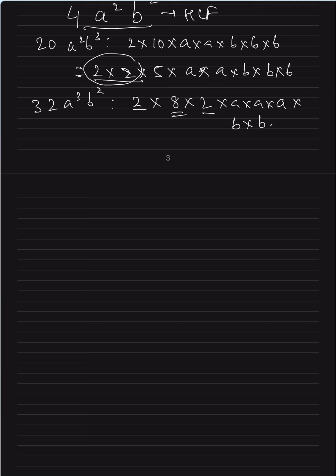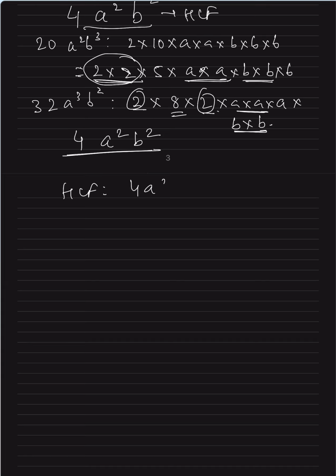So this and this, 2 2s are 4, that means 4 is common. A square, here also a square, so a square is common. B square, here also b square, so b square is common. This is what we have done orally, but you can do it like this also. So I will write HCF is nothing but 4a square b square.